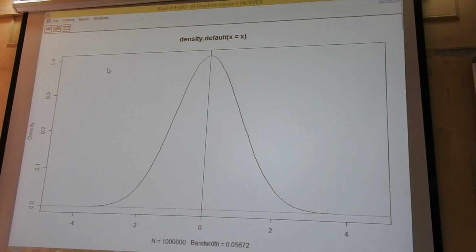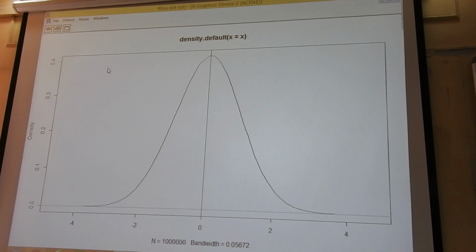This is called a median. The median of a distribution is nothing but the 50% quantile. The area to the left of the median is 50%, and the area to the right of the median is 50%. So the median is a point which divides the graph. Because it is a symmetric curve, the mean and the median are the same.